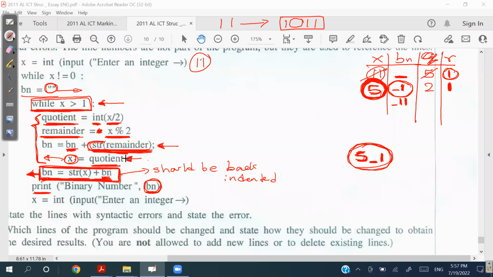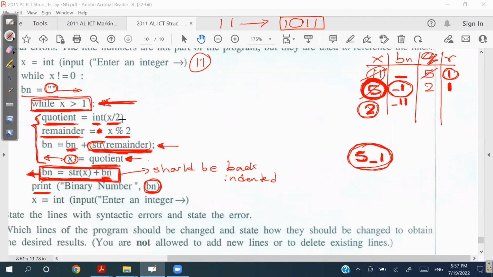And the quotient is given to the x. Quotient means 2, so x will be assigned 2. Again it goes and checks the condition: x is larger than 1. Yes, 2 is still larger than 1.